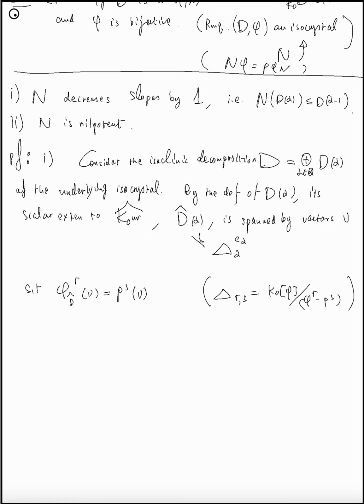In particular, we have this. Let's first say alpha corresponds to s over r, in reduced form. That's the relation of alpha and r, s.